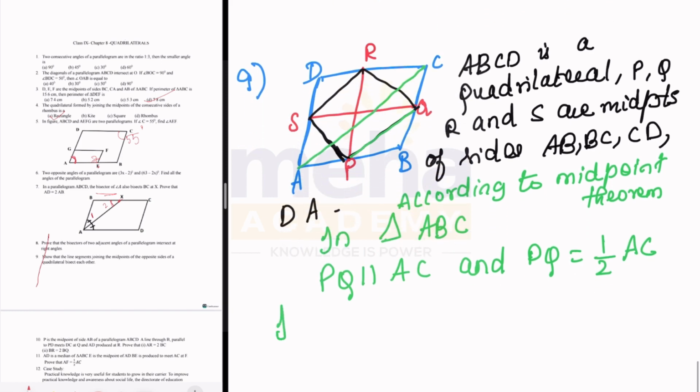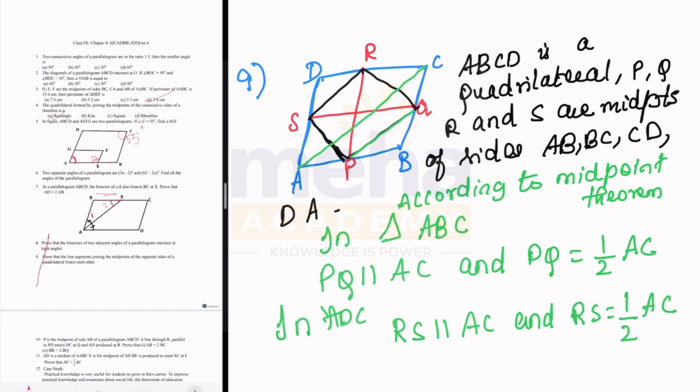Then similarly, in triangle ADC we have RS is parallel to AC and RS, or SR, will be half of AC. Let us have this as 1 and this as 2.